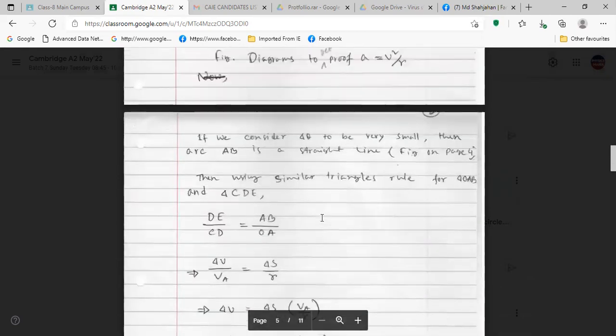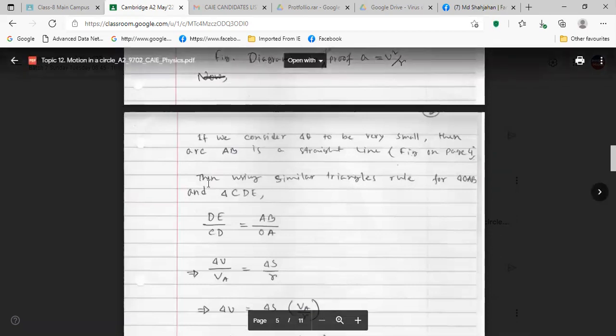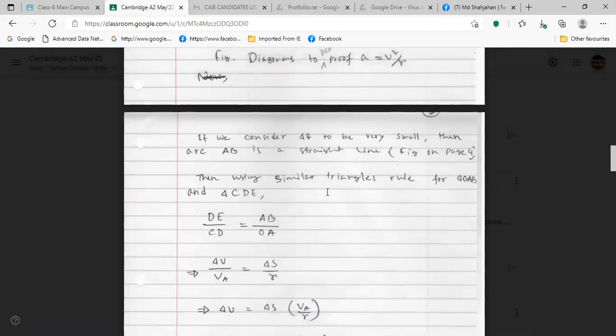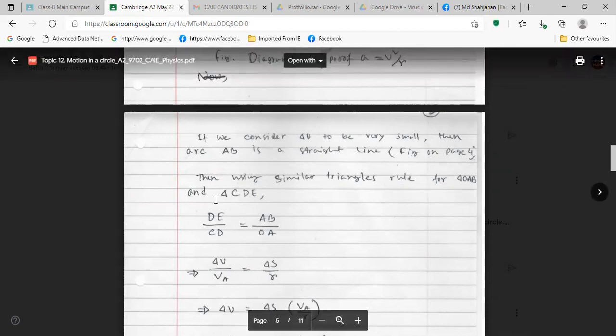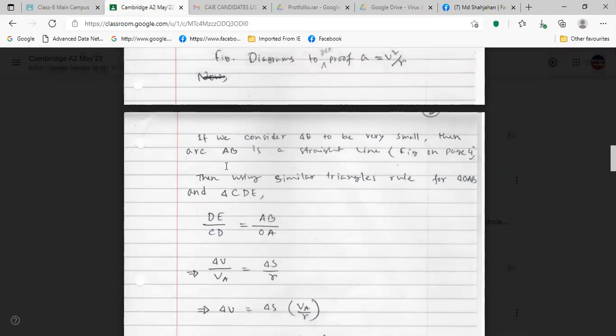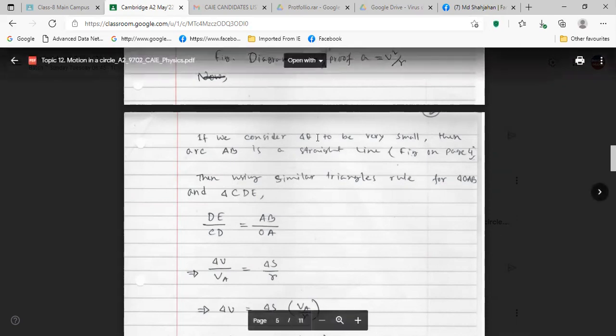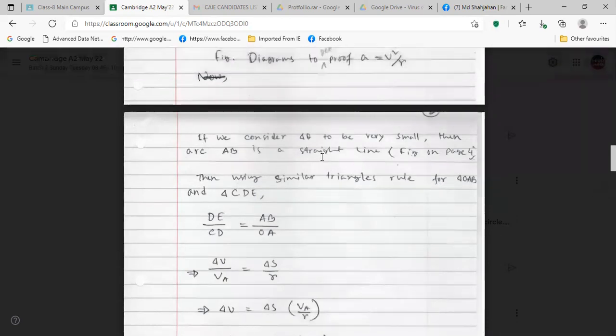Now we have, using similar triangles rule for triangle OAB and triangle CDE. We consider del theta to be very small, so arc AB is a straight line.